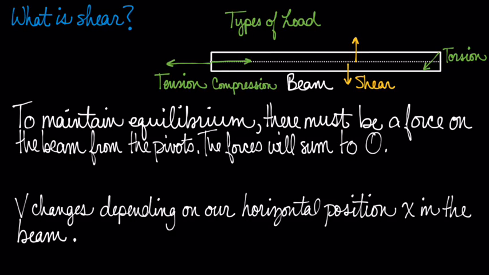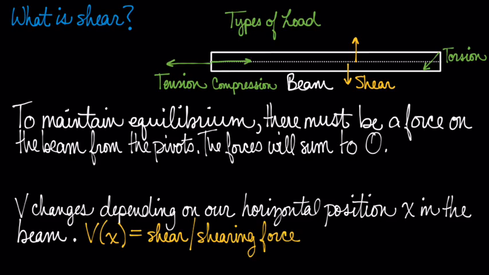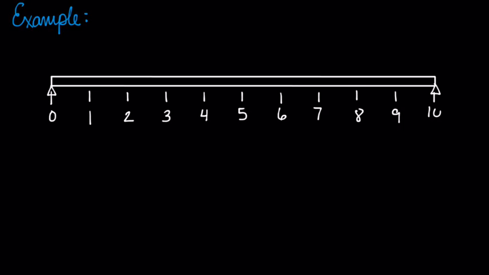Another thing that I'll say is that we're going to work on modeling V as a function of X, or a horizontal position in the beam. And here's an example. Imagine a beam with two simple supports on either end, or pivots, and this beam will be 10 meters long.